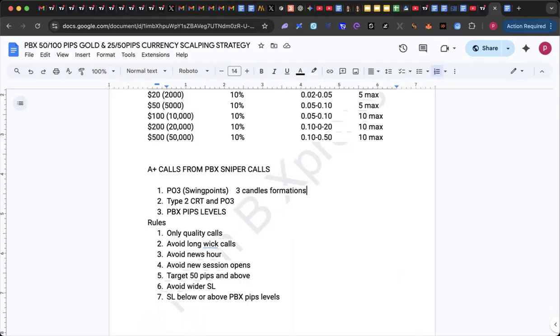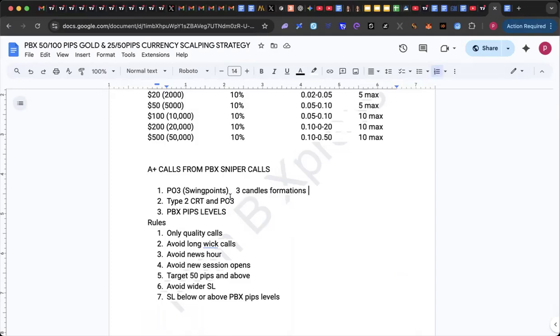So if that's the case, you're not going to look at, oh, if this signal comes out, what am I checking? I'm checking, does it have 3 candle formation? That's one. And if it's going to form a confluence, how do we form a confluence? It appears in pips level. Oh, that's amazing.